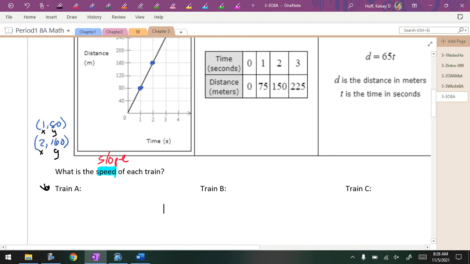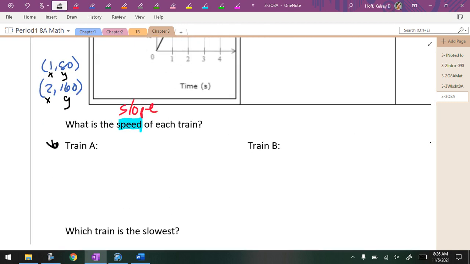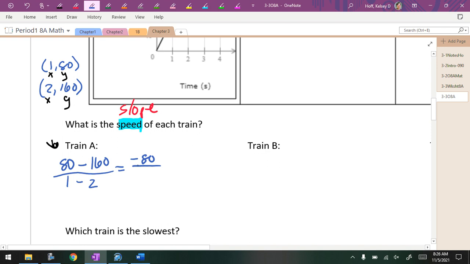Okay? All right. So, what y value do you want to start with? 80 minus 160 divided by 1 minus, make sure you put them in the correct order. 80 minus 160 is negative 80. 1 minus 2 is, careful, negative 1.